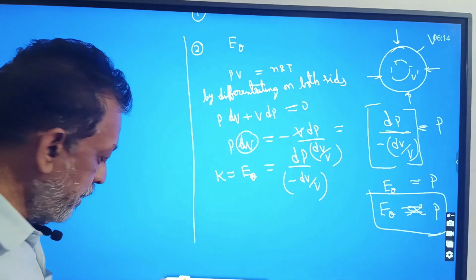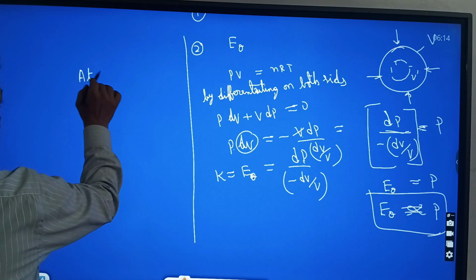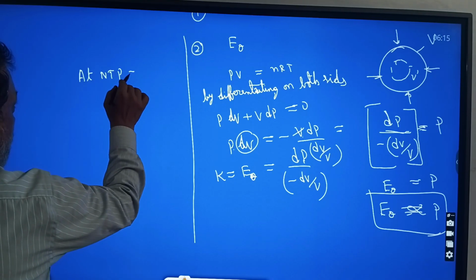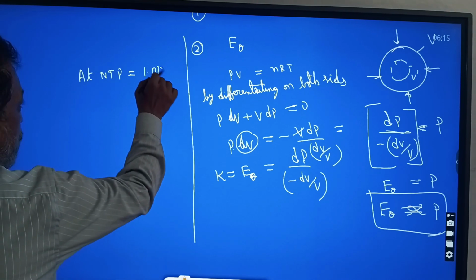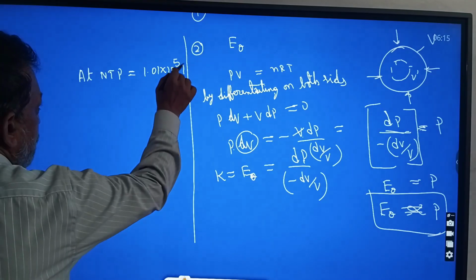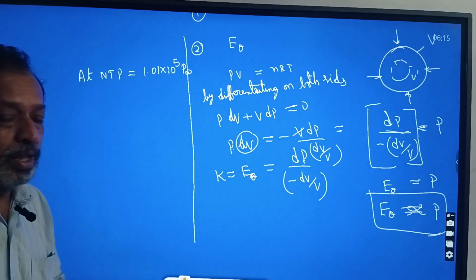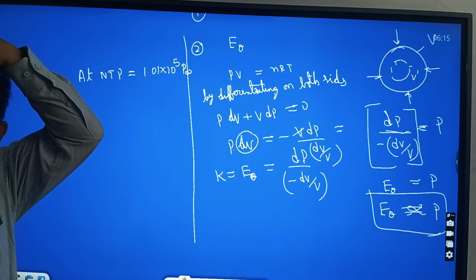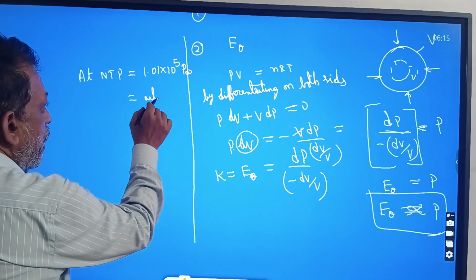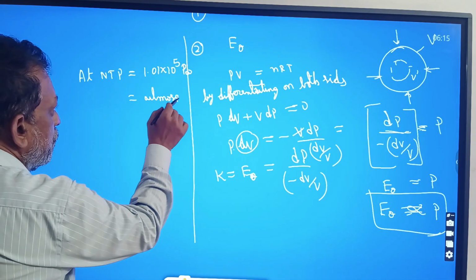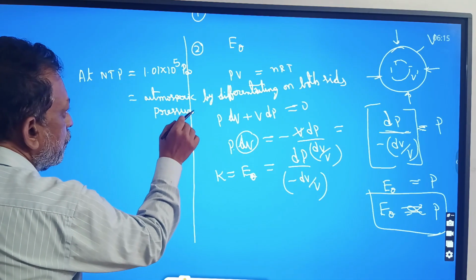At NTP, isothermal elasticity is equal to, please write, 1.01 into 10 to the power of 5 Pascal. At NTP, isothermal elasticity is equal to atmospheric pressure. That is the value of this one.